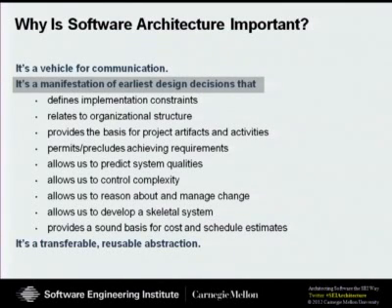Finally, software architecture is important because it's a transferable, reusable abstraction of a system. The words software reuse have been around for a long time. They've probably been talking about reuse since the 60s.